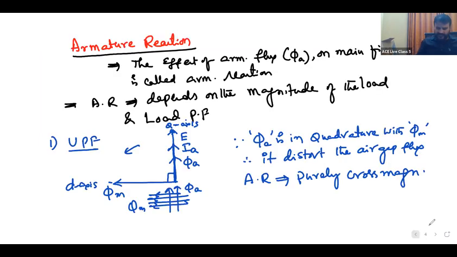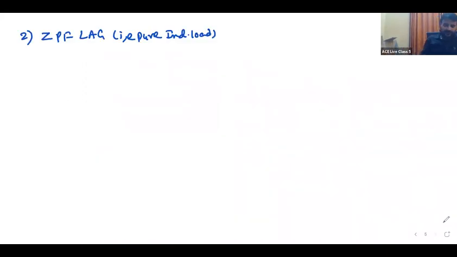Earlier was the pure resistive load, UPF means pure resistive load. This is a pure inductive load, and for ZPF lagging, okay.